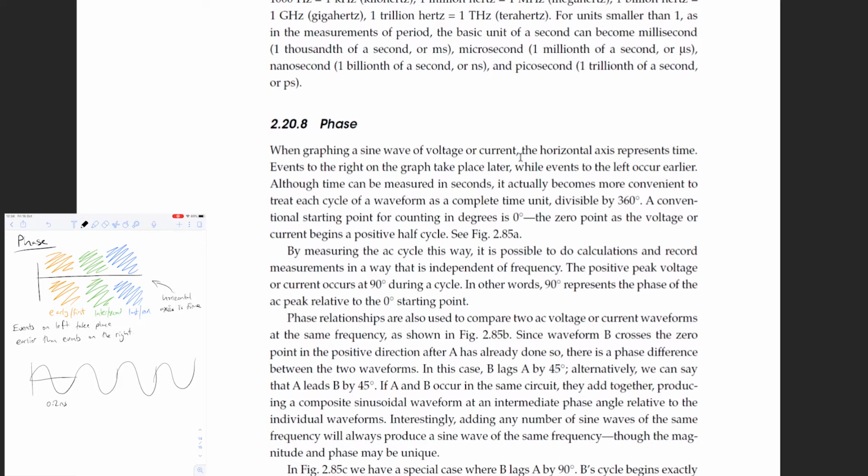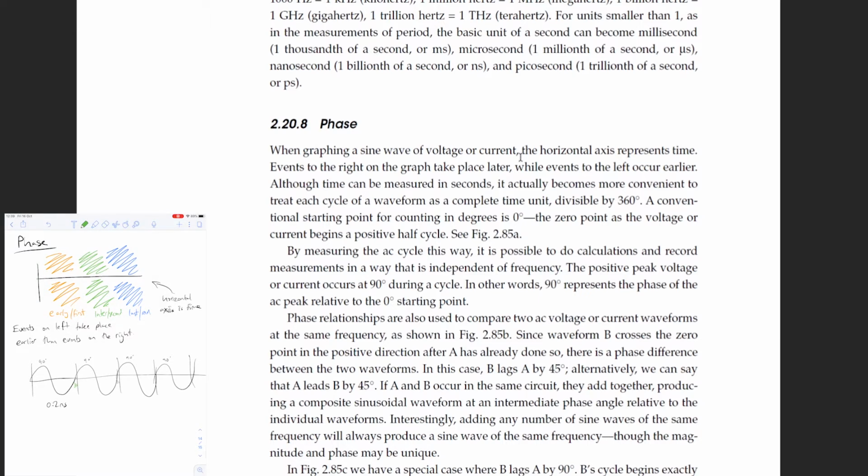Are we talking about the unit circle here? Oh, okay. Because every single waveform here is divisible by 360 degrees. So you have 90 here, 90 here, 90 here, 90 here degrees.